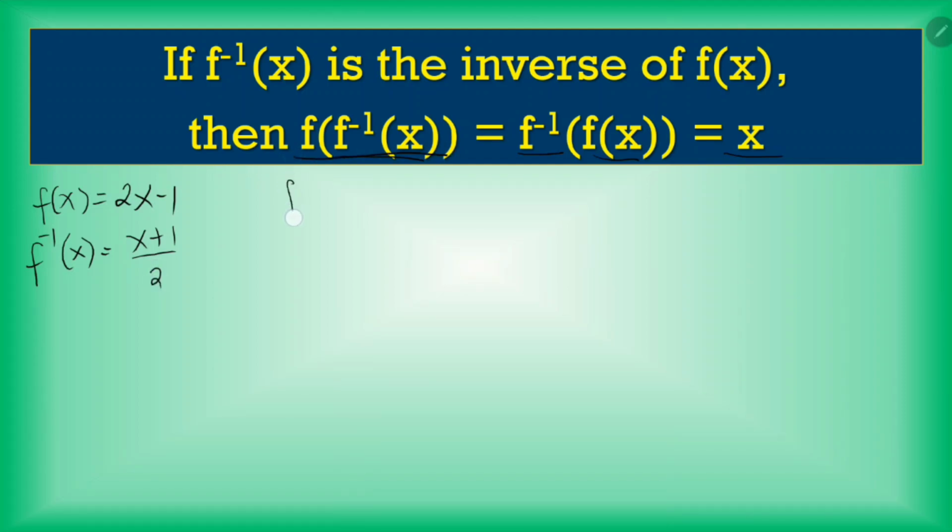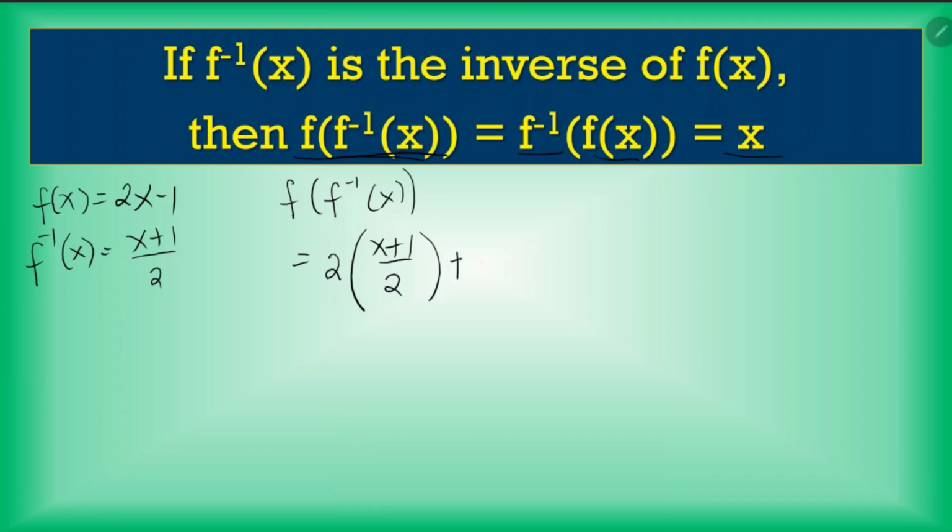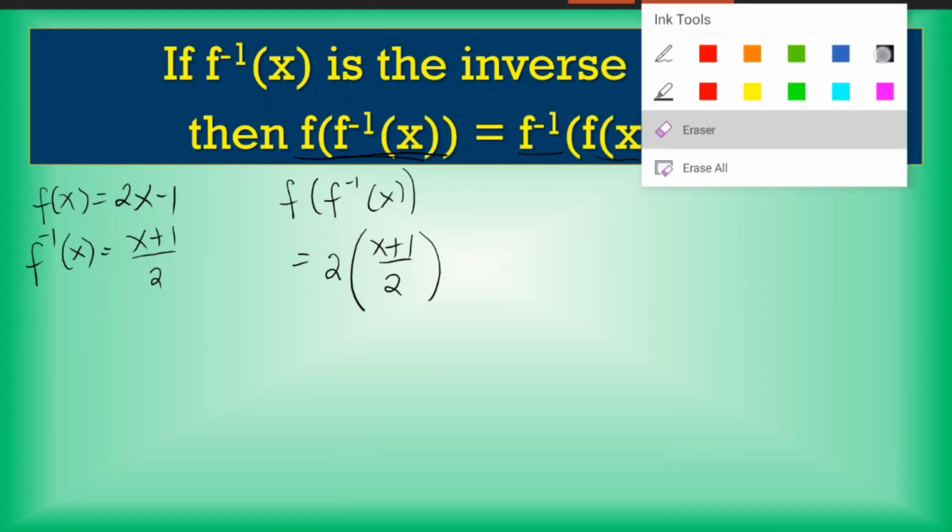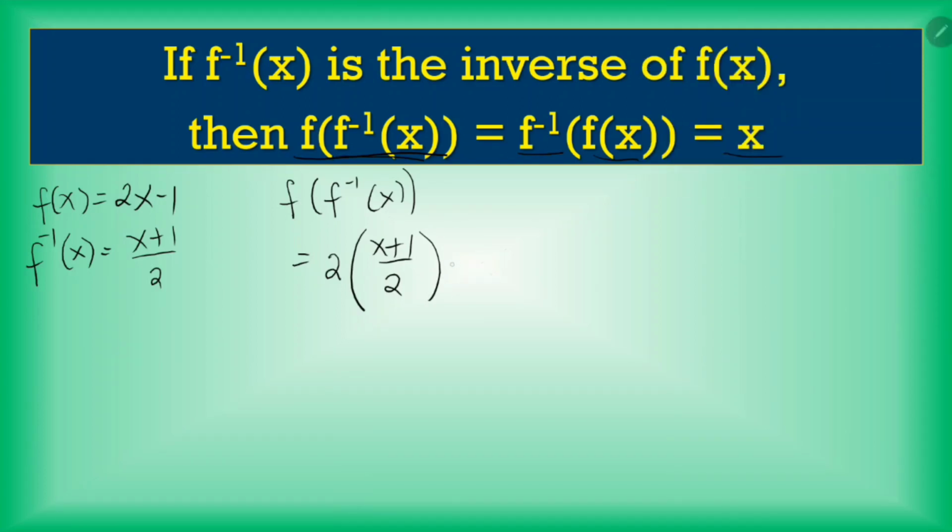So, first we solve for f of f raised to negative 1 of x. The inverse we will put inside the function f. So, we have now 2, and then the inverse, x plus 1 over 2, minus 1.